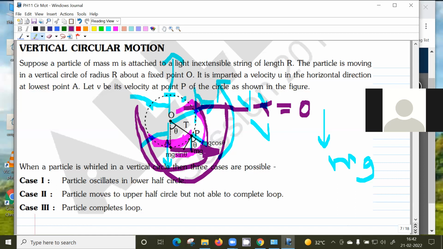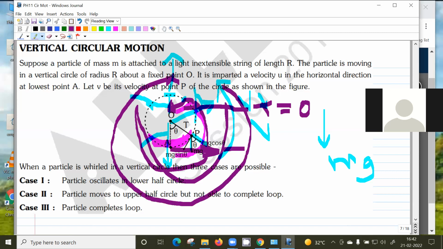So here there are two possibilities: whether the tension becomes zero first or the velocity becomes zero. If the velocity becomes zero, then it will keep on oscillating. But if the tension becomes zero, it will fall like a projectile because the thing is free to move. Another thing is if the velocity is sufficiently large, then at this point both tension is present and velocity is non-zero. So once it reaches the maximum point, it will keep continuing in circular motion.